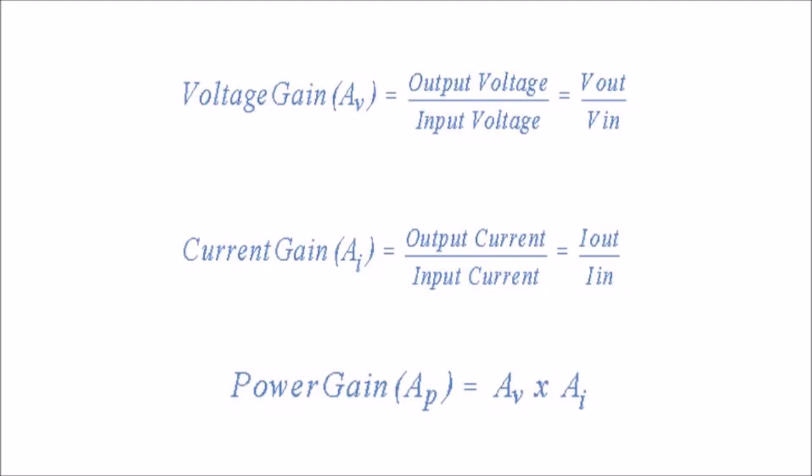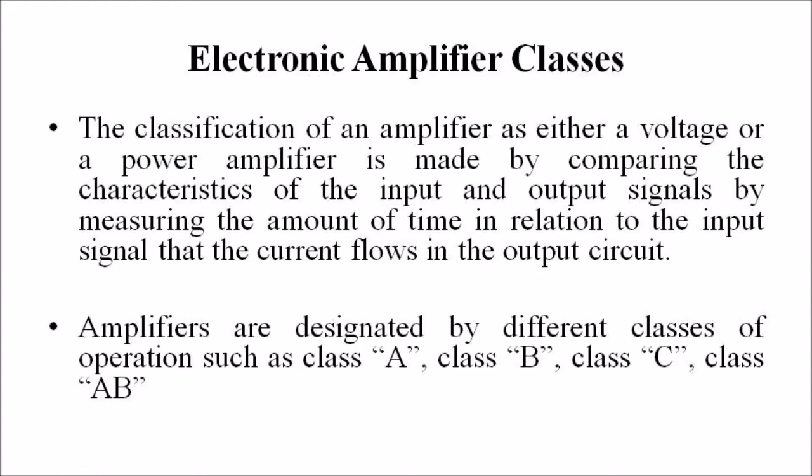So when it comes to the different classifications of electronic amplifiers, the classification of an amplifier as either a voltage or a power amplifier is made by comparing the characteristics of input and output signal and by measuring the amount of time, in relation to the input signal, that the current flows in the output circuit. We saw a common emitter transistor operates within an active region and some form of base biasing was required.